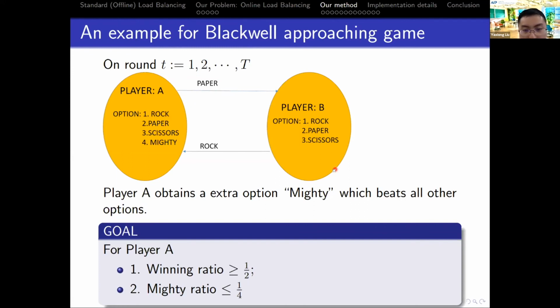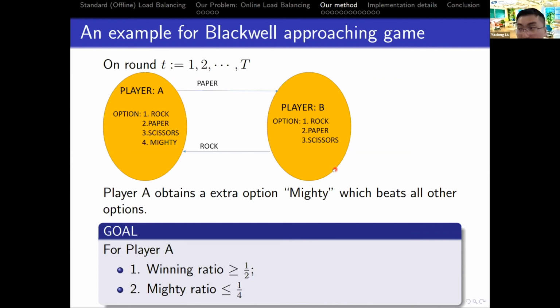So mighty is like a cheating option which can beat all other options. And the goal is to propose a strategy for player A with respect to requirements.